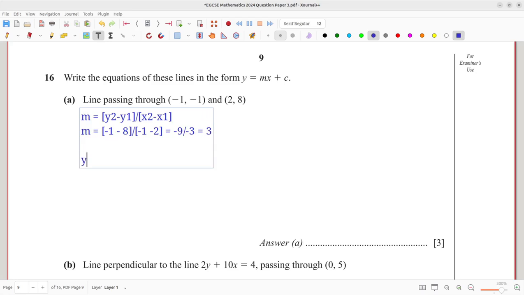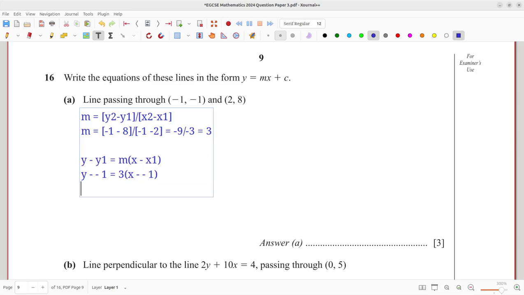Nice one. y minus y1 is equals to m into x minus x1. Then substituting the gradient and a point. For this one, you are substituting y1, x1, and m. So this is going to give you y minus negative 1 is equals to the gradient, it's 3 into x minus negative 1.